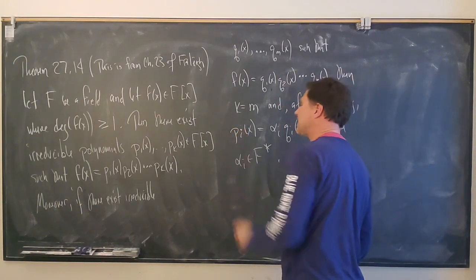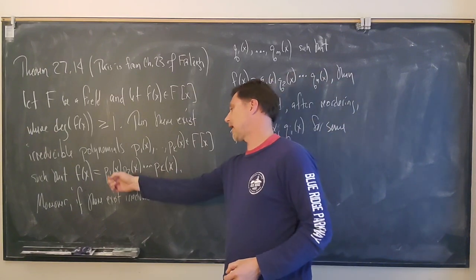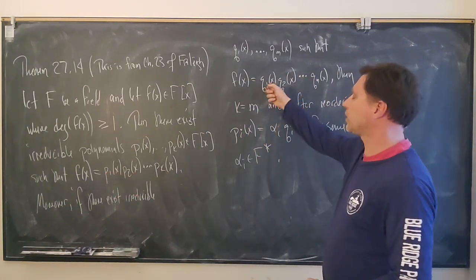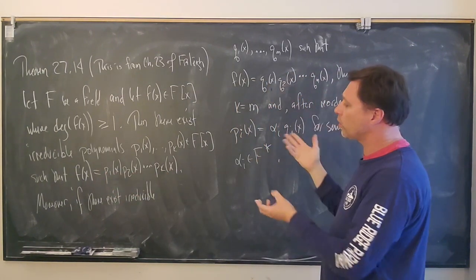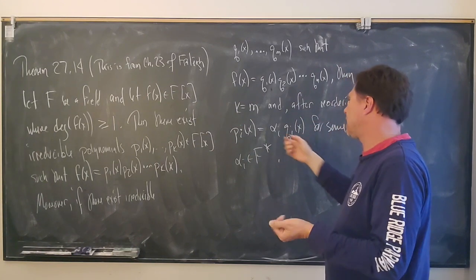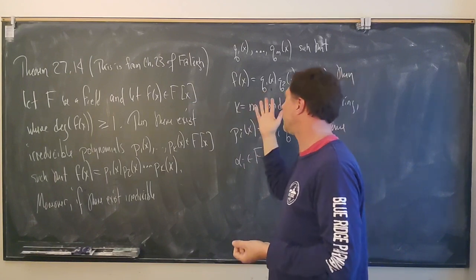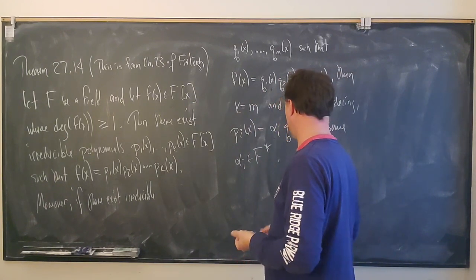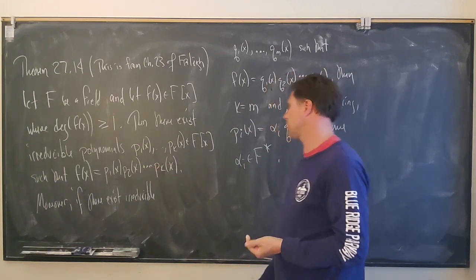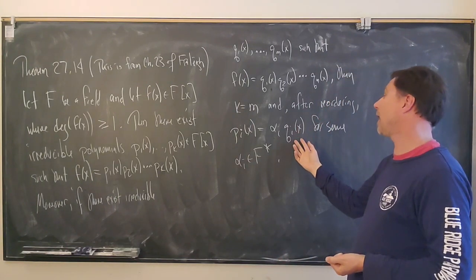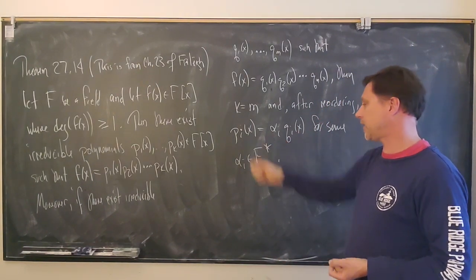So we can't say that they're exactly the same. p1 may not be exactly equal to q1, right? But after reordering, they're basically the same. One is a constant multiple of the other. So the only difference is you multiplied q i by a unit to get p i.